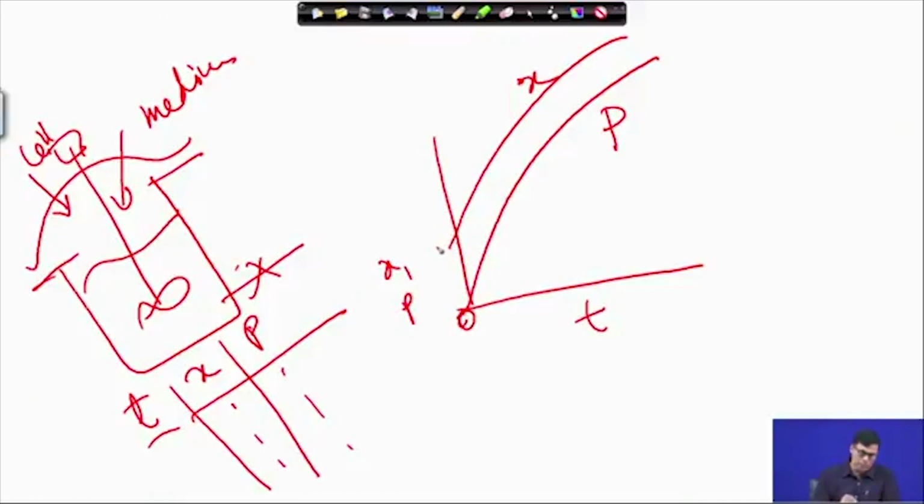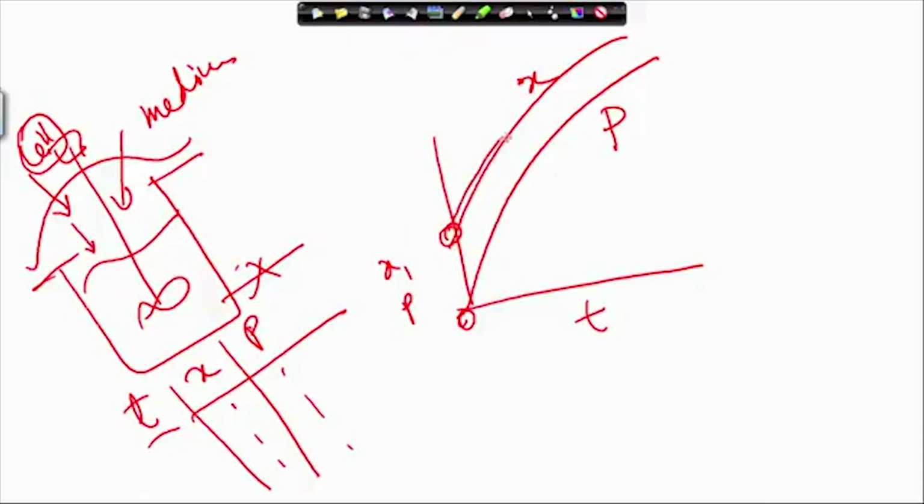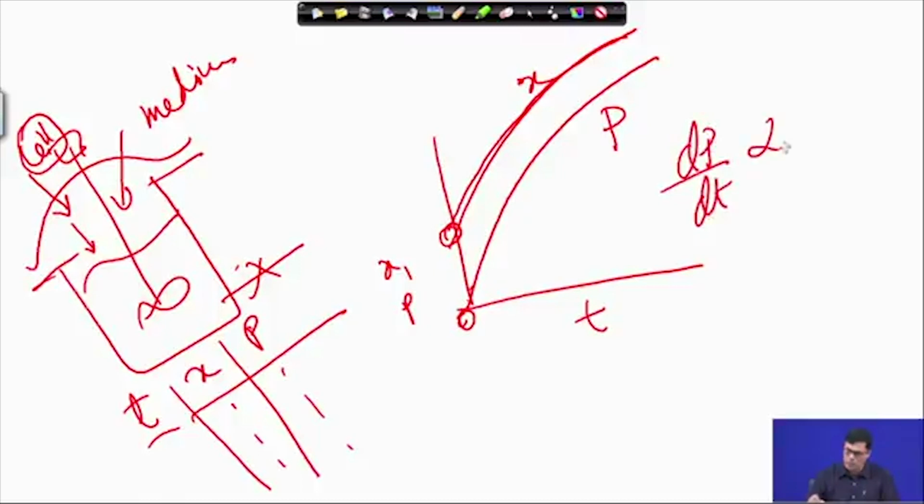Why should it not be 0? Because you have to use the inoculum. Am I right? The cells you are adding to the media. So, there will be some initial cell mass concentration, and from that the cell mass increase will take place. And if your product formation takes place simultaneously as your cells grow, then we can write dp by dt is proportional to dx by dt.